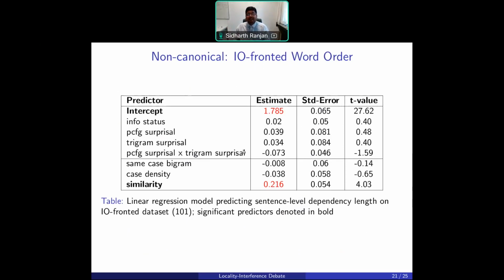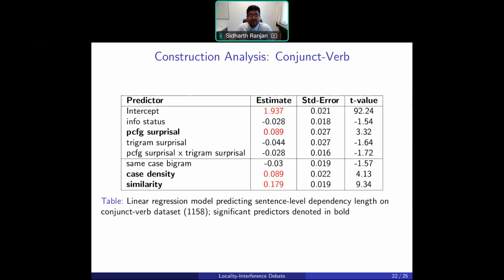Therefore, this suggests that those rare constructions do have higher dependency length, and this can be explained using greater semantic similarity in the sentence. Then here's the result for conjunctive constructions, and here we find a very similar result. Sentences which have a longer dependency length tend to have greater semantic similarity, as well as more case markers and greater syntactic surprisal.